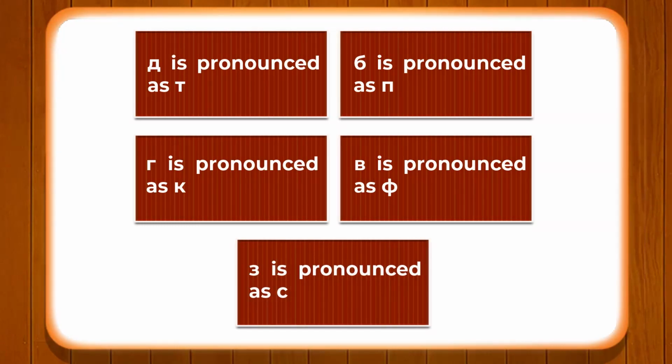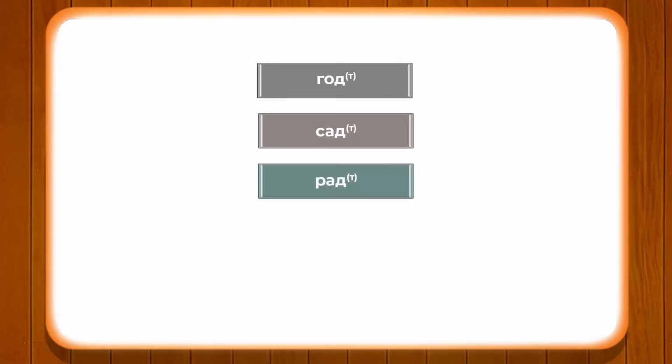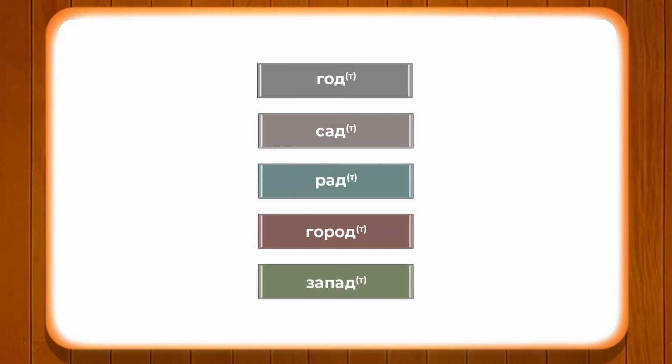Let us see how. In the next part, we have certain words with us like god, sad, rat, gorat, zapad. Here the word is ending with de, god, but if you pronounce it and pay attention minutely, then you would hear the sound of te, not de.